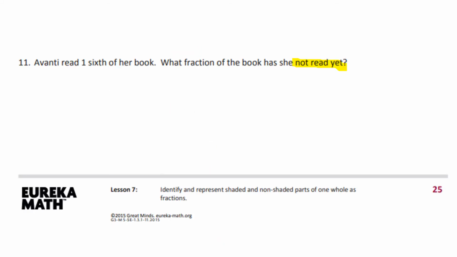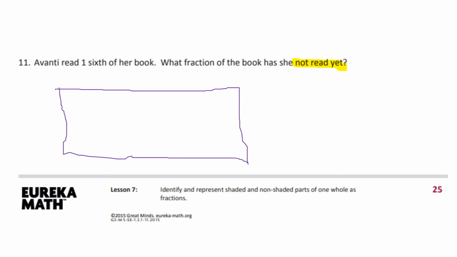It's really one problem. It says, Avanti read 1/6 of her book. What fraction of the book has she not read yet? So what I would do is make a rectangle if I were you. And you might want to break this into 6 pieces. So we have 1, 2, 3, 4, 5, 6.